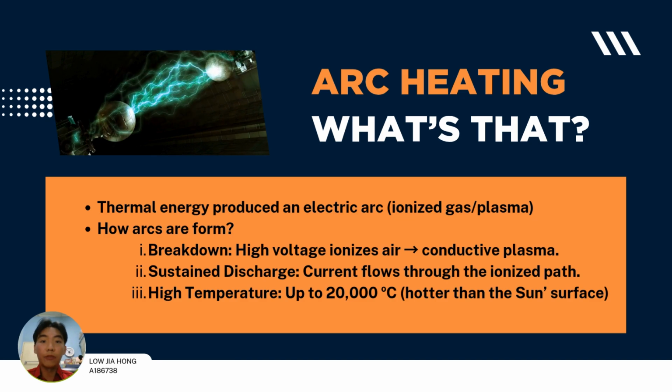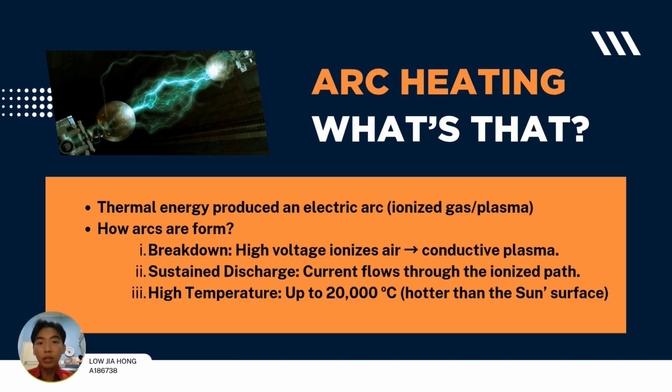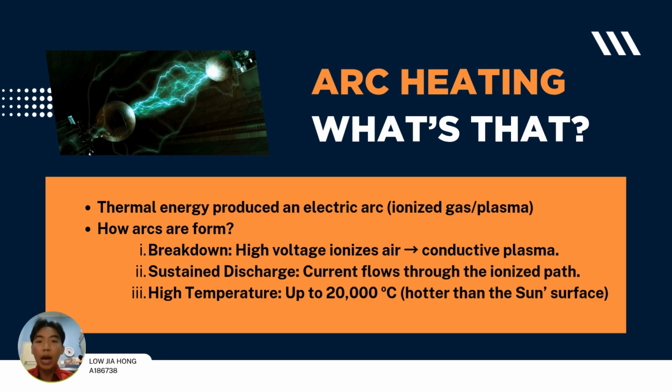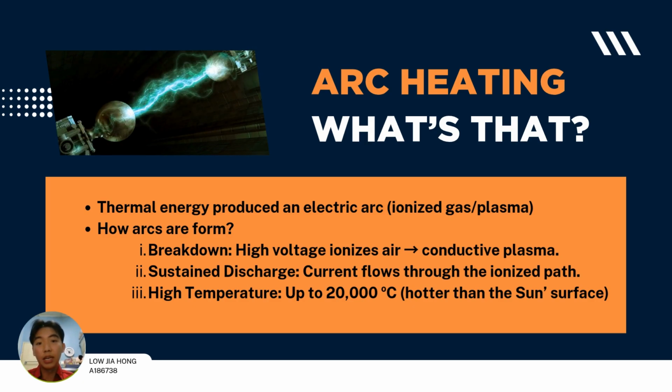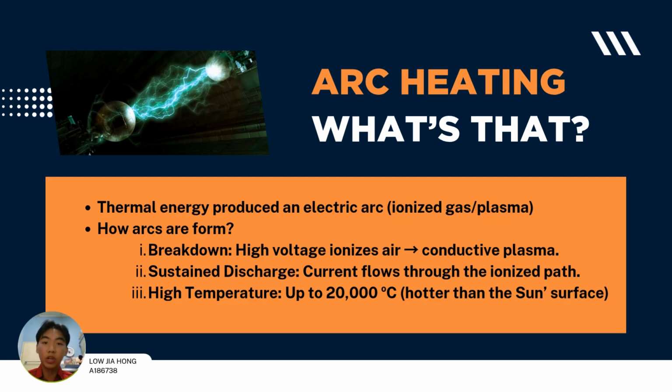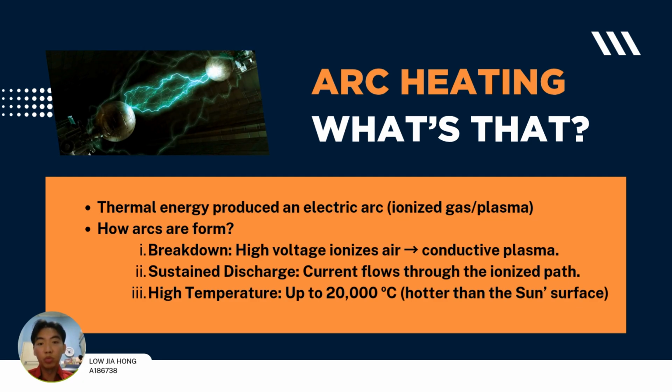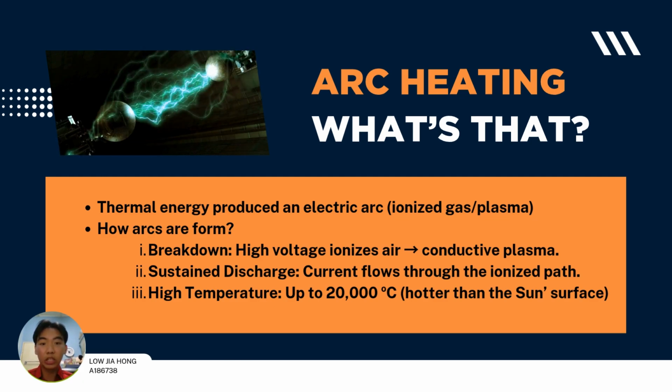But how are arcs formed? Arcs are formed in three steps. Step 1, the breakdown stage. When high voltage is applied, the electric field rips the electrons off the gas atoms, creating a conductive path for ions and electrons. Step 2 is the sustained discharge phase.